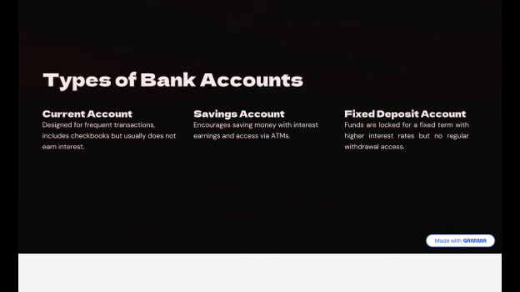Now, let me give an example. For example, Mrs. Adekunle, who received a retirement benefit as a retiree, could place a portion of the money in a fixed deposit account for 1 year to earn a larger, higher interest while she decides on a long-term investment.